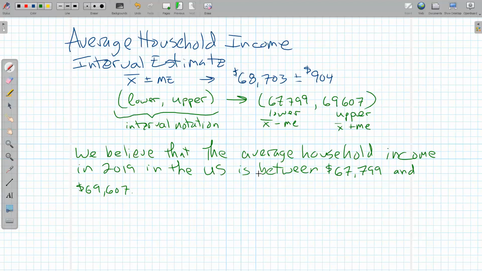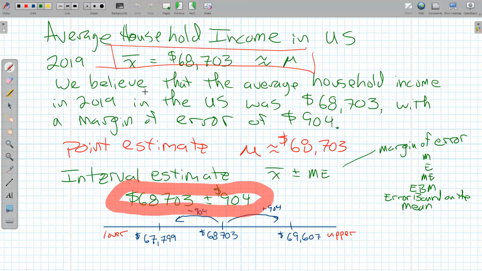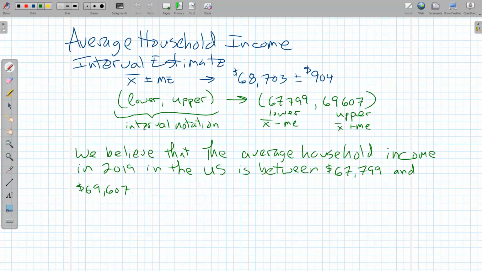So when I'm making an estimate, I can either just state, this is what I think the average is based on the sample, right? That was my first shot back here. I think the average is 68,703. I could be a little bit more precise by stating, well, I know I'm off a little, so this is my margin of error here. So I could state the margin of error, and that's okay. Or I could just state the lower and upper value, so I don't even state what the average is.